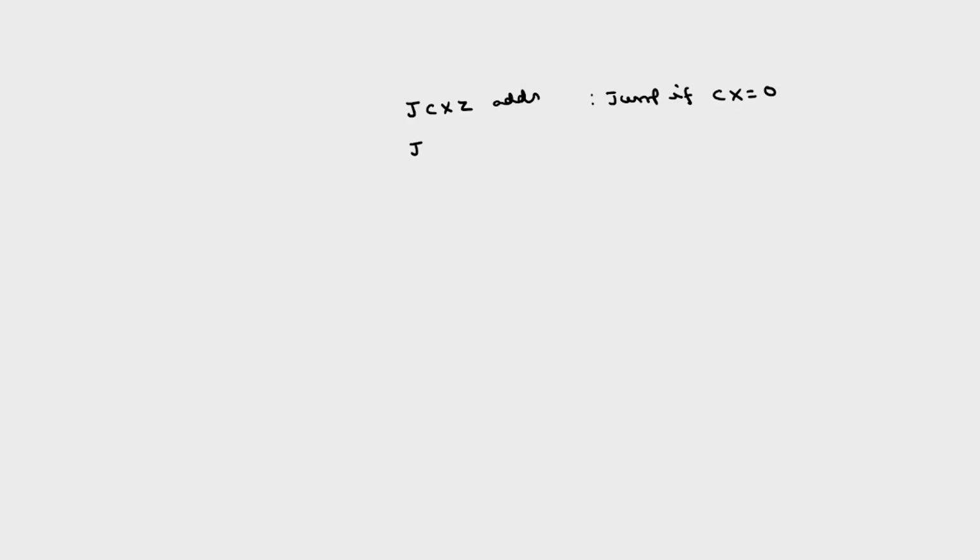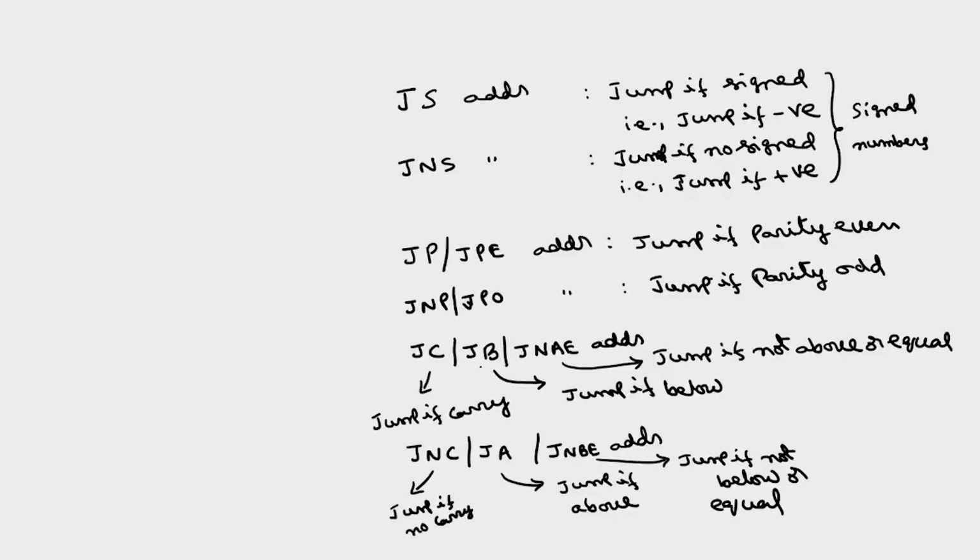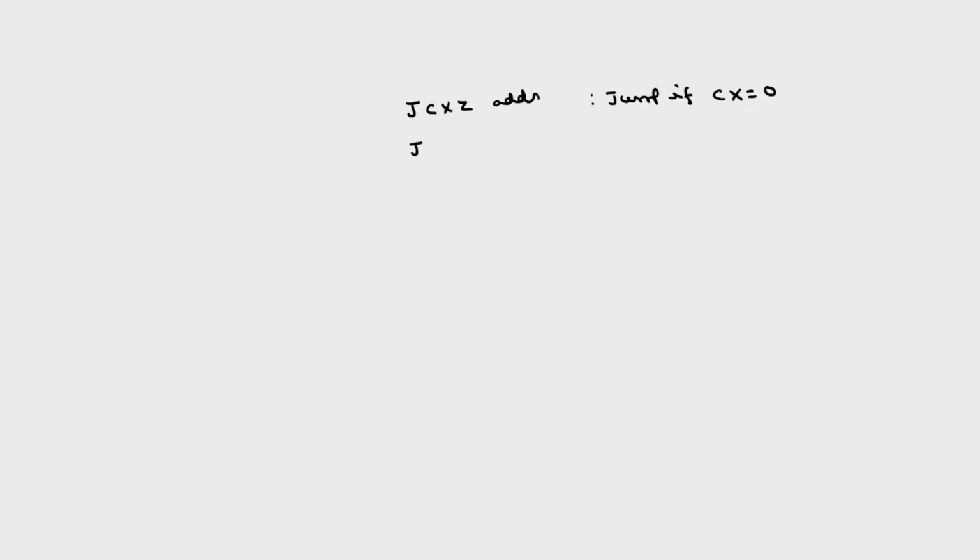Similarly, we have jump below or equal. So here we have below and this is not above or equal, this is above, not below or equal. You take this E here. We have two more instructions, which are jump below or equal, not above. Jump below or equal slash jump not above.